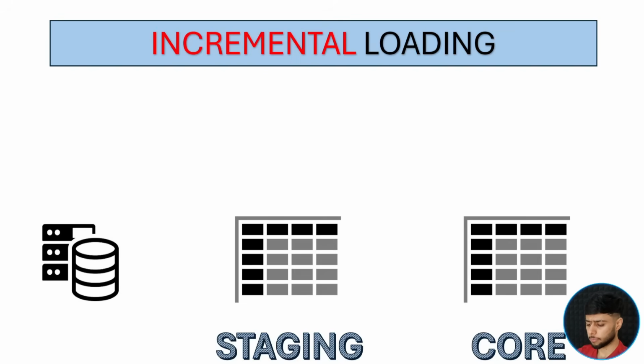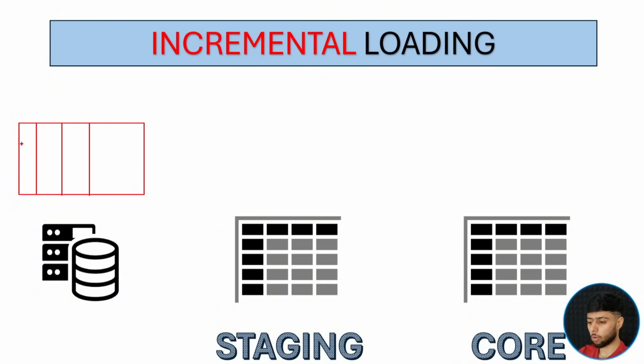So the thing is, this is your database. Let's say this database has data such as, let me quickly create a table of four columns. This column is your ID, this is name, this is salary, don't mind my handwriting, and this is date.